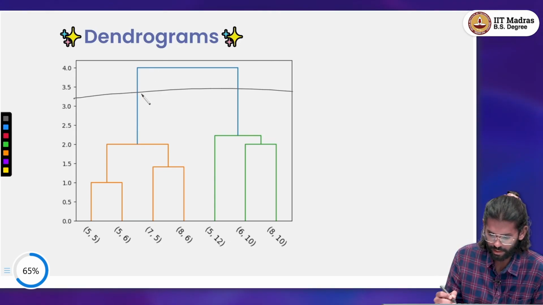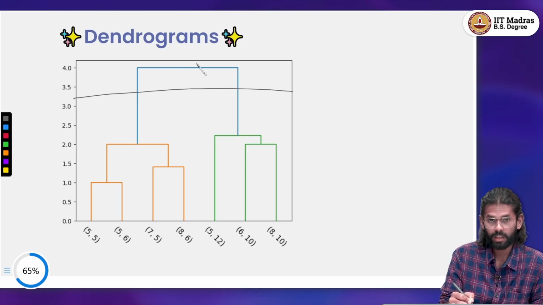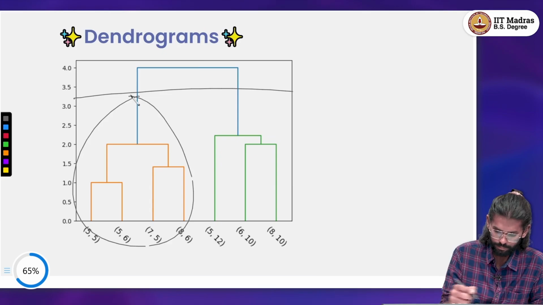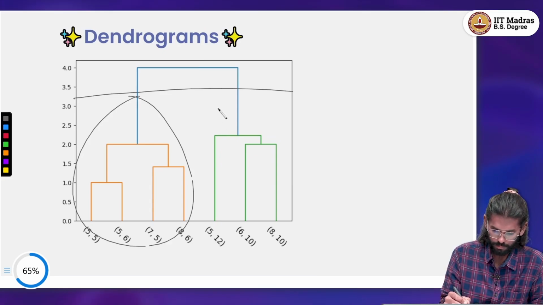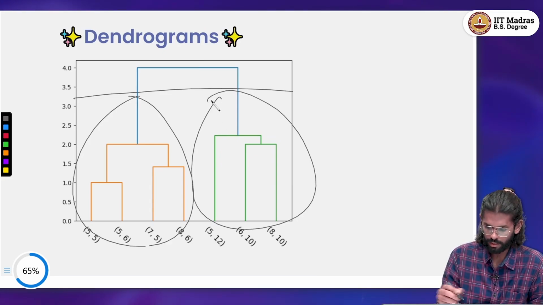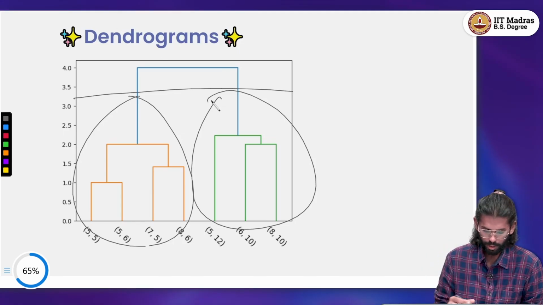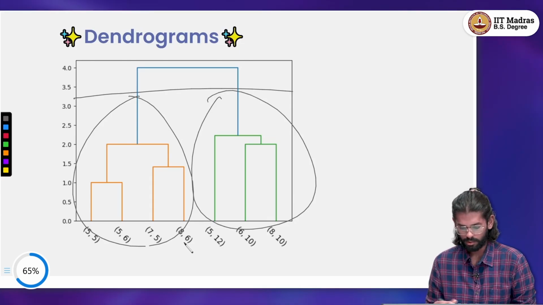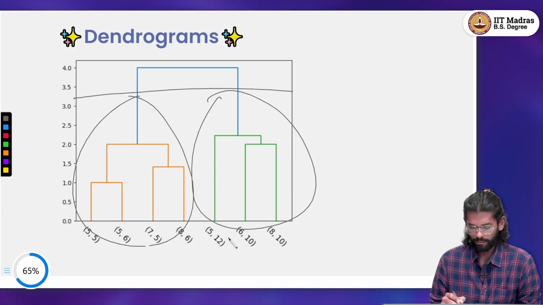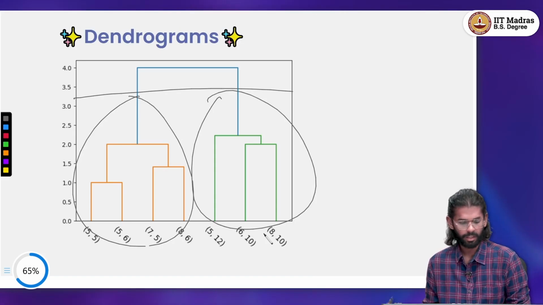You can see that if I cut, this particular connection is gone, and so I have two disjoint tree structures here, and these exactly form a cluster. So I am saying 5 5, 5 6, 7 5 and 8 6 are in one cluster, and 5 12, 6 10 and 8 10 are in a separate cluster.